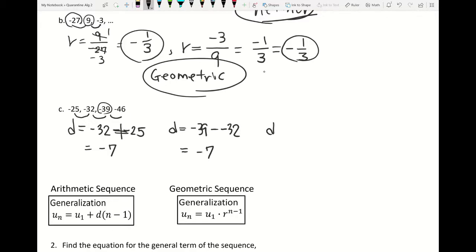The third pair, negative 46 minus negative 39, and you get negative 7. So we can say this is arithmetic.